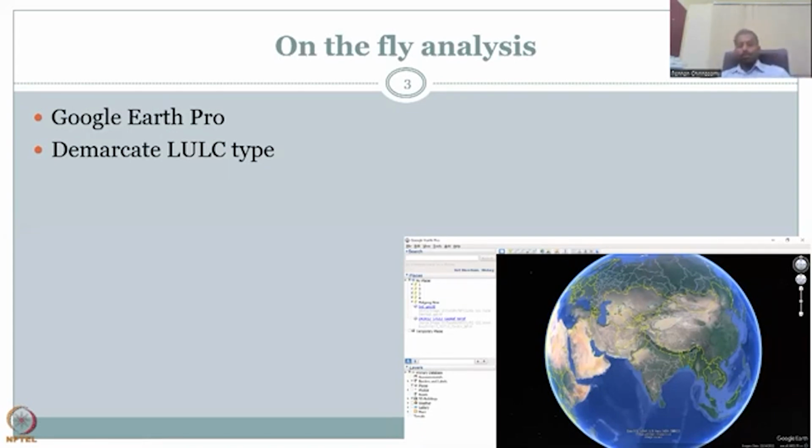So what happens is when you work on these type of systems, you have one time snap of LULC, and you need to expand it to multiple time series to do a LULC change. We'll go through the steps and do a small on-the-fly analysis. Change years and time. As I said, you can drag and drop the time series and then see how the land use land cover type changes.